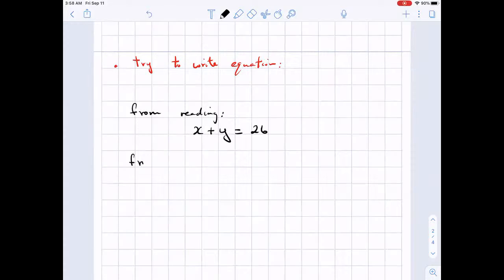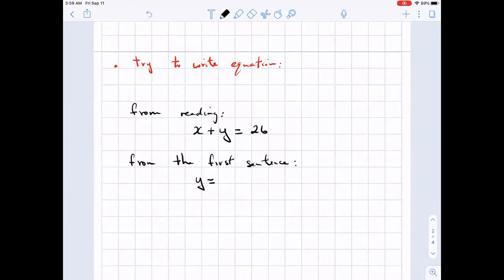From the first sentence, it states that one number, so we don't know what that number is. We could call it x, we could call it y. So y is equal to a number, one number, is 2 more than 3 times another number.